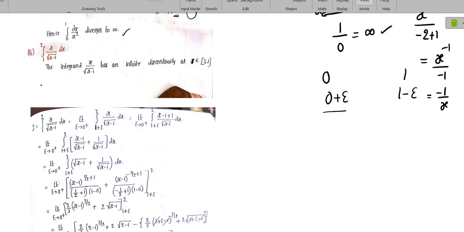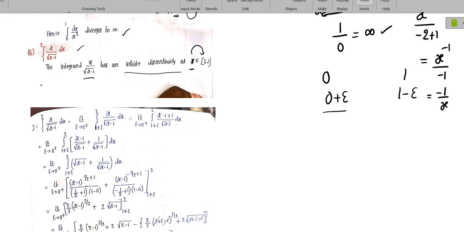Next, test the convergence of the integration from 1 to 2 of x by root of x minus 1 dx. Here the integrand x by root of x minus 1 has an infinite discontinuity at 1. This 1 belongs to the closed interval 1 comma 2.